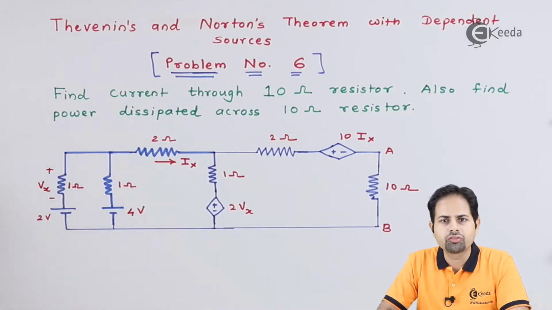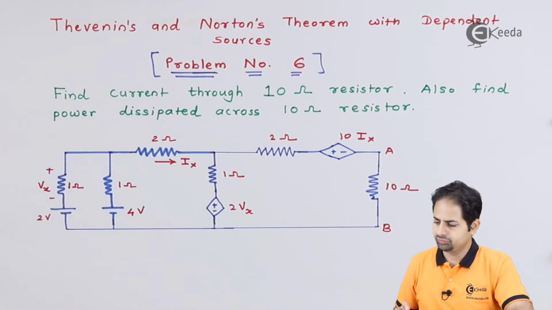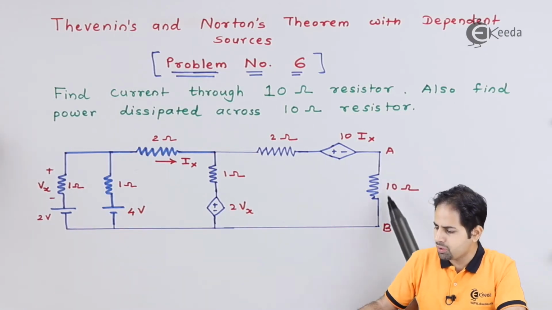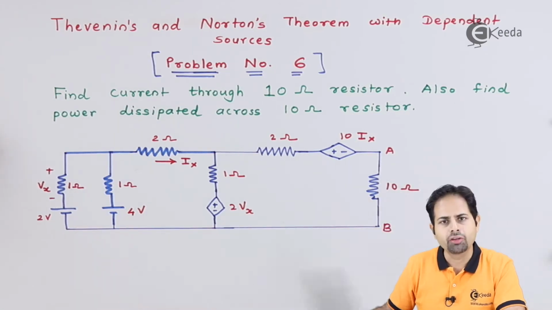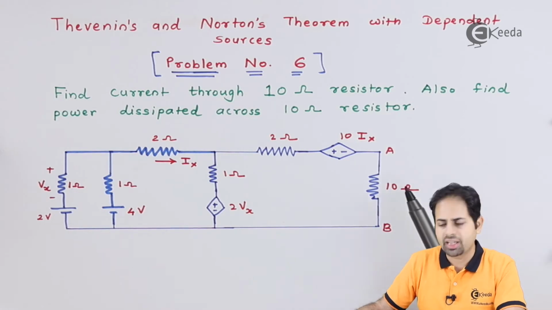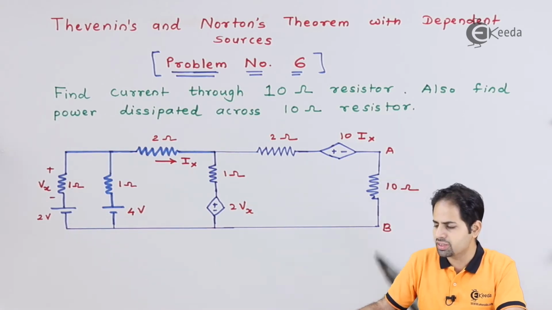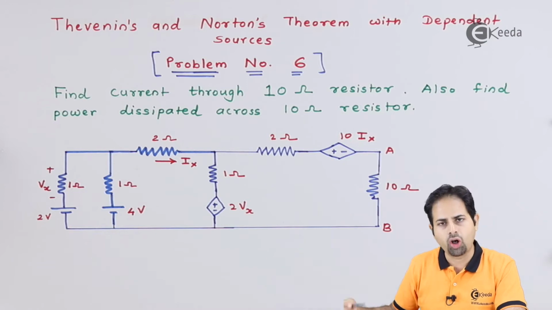Now for calculation of VTH, we know that the branch through which current is required, we open that branch. So here, this resistance between A and B will be removed, and we will find the Thevenin's equivalent voltage between these points A and B. So we'll draw a new circuit with this resistance removed.